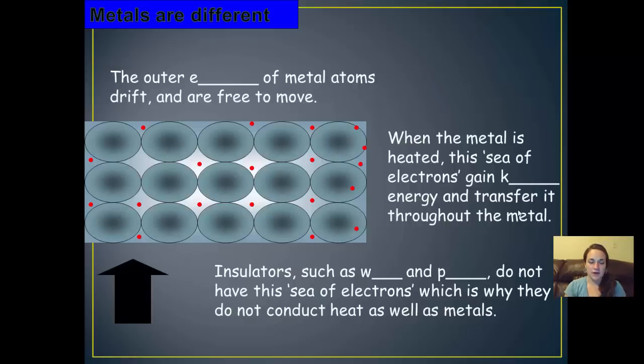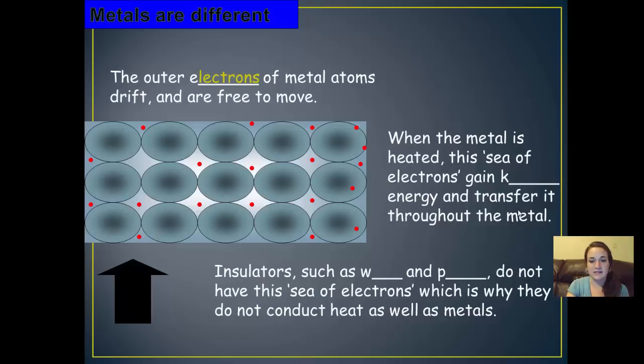Okay, so the reason that metals do this is because they're a little bit different from other objects that you might think of. The outer electrons of metal atoms drift and are free to move. So they kind of are floating around, and this is like a sea of electrons. When the metal is heated, we're adding energy.